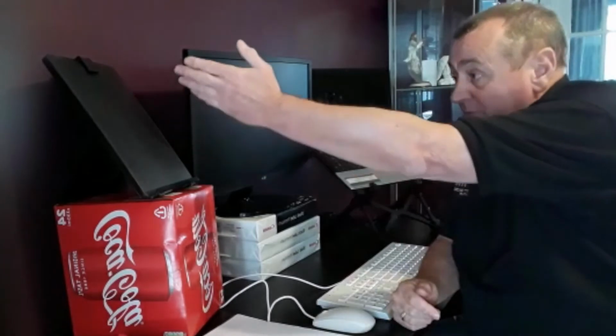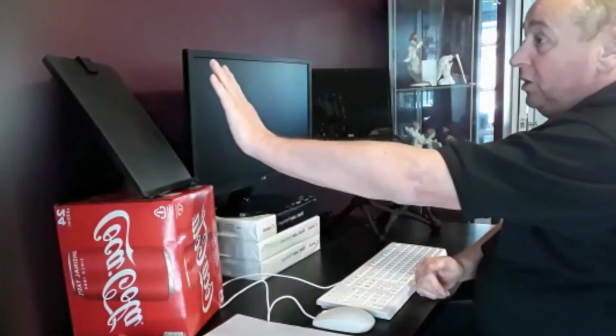Now, some of you may need to copy from documents. On this side, I've got a document holder. What I've done is I've improvised a little bit and used a quite sturdy, rigid box, albeit full of cans of Coke, where I can sit the document holder. And once again, if I'm referring to the document and back to the screen, I've got it at the same height.